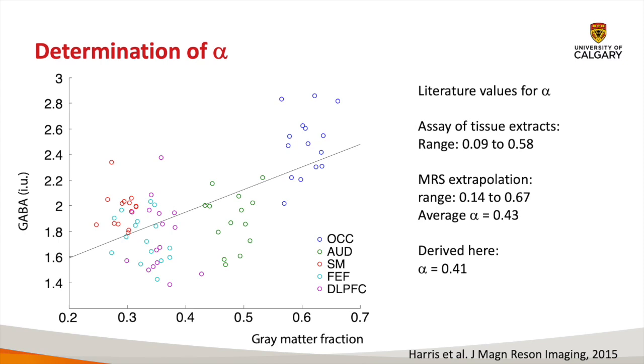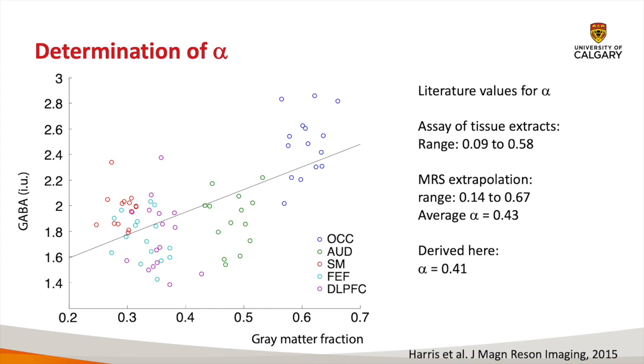And so we can extrapolate what alpha is by looking at the slope of the line when plotting GABA level against gray matter fraction. In the literature, we see a range from 0.14 to 0.67, so it's quite a wide range, but it averages around 0.43. We also looked at some of our data to derive an alpha value, and we had data in the same subjects across 5 different regions of the brain.